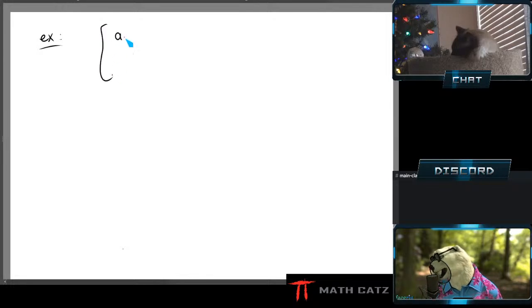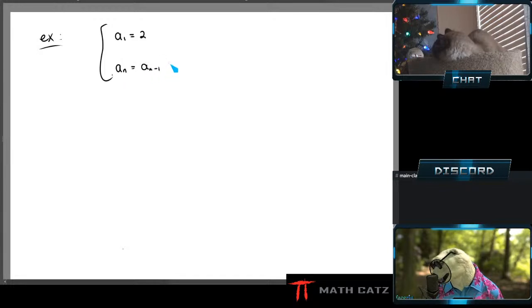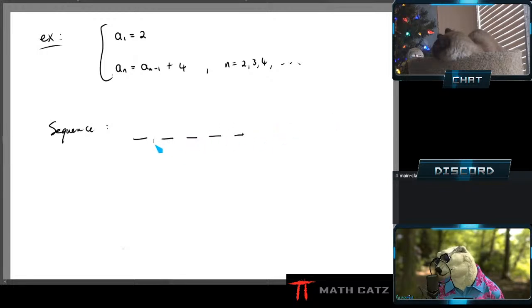If I say a1 is equal to 2, and to get a term, or I'll say it like this, an is an minus 1 plus 4, and that applies to all other positions. N is the position, right? Can I read this language to make the sequence? It's my sequence that I need to make, let's say 5 terms. Of course, it goes on forever.